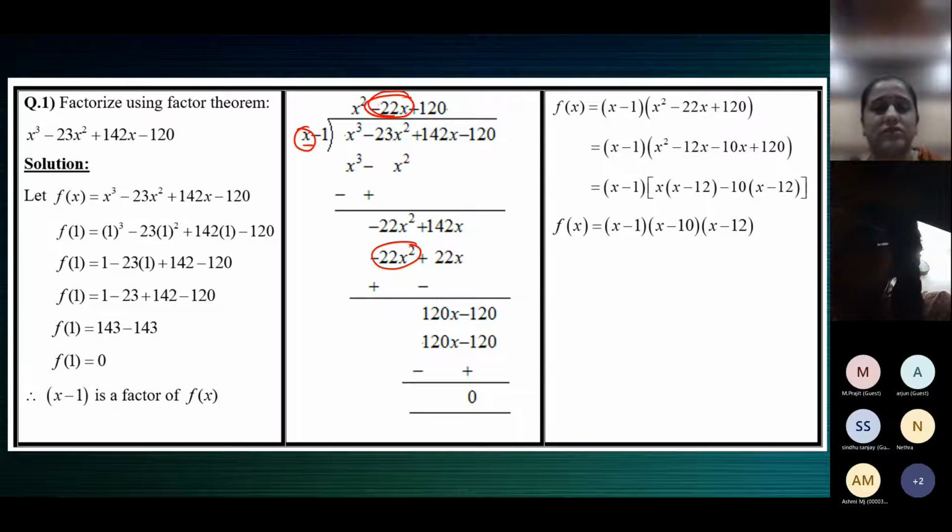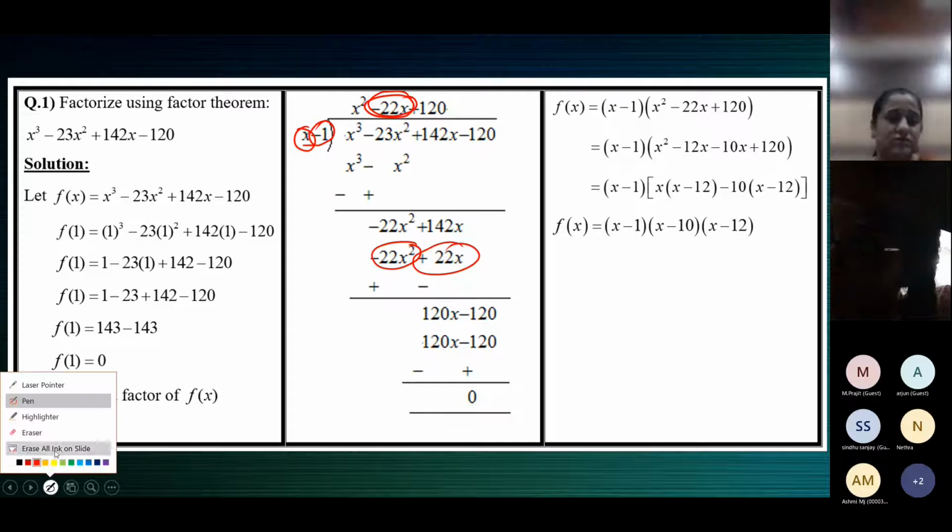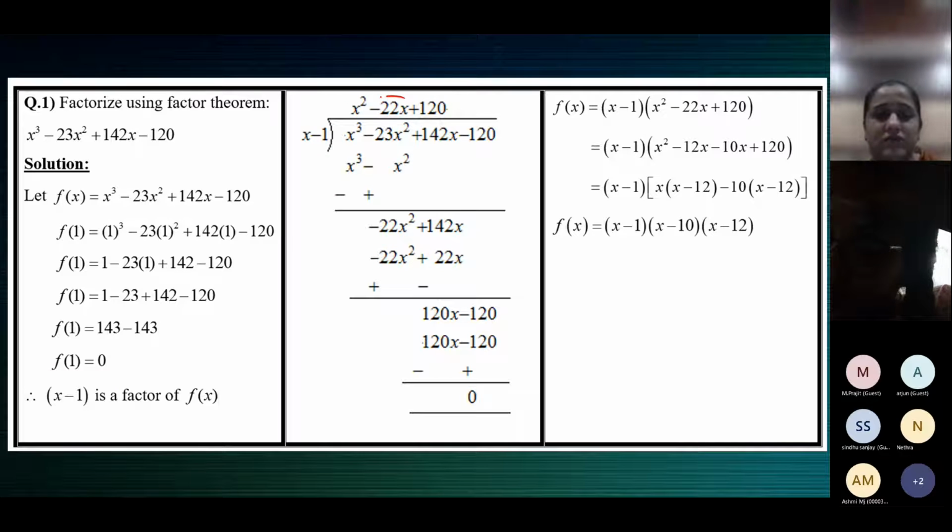Minus 22x with minus 1 gives plus 22x. Change the signs. They get cancelled, and on simplifying this, you get 120x. Then bring this term down, minus 120.